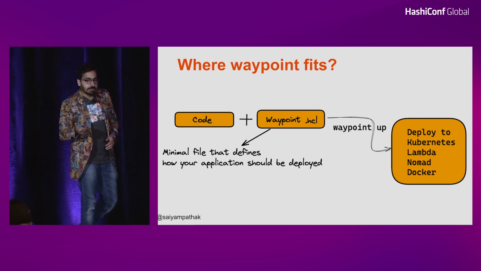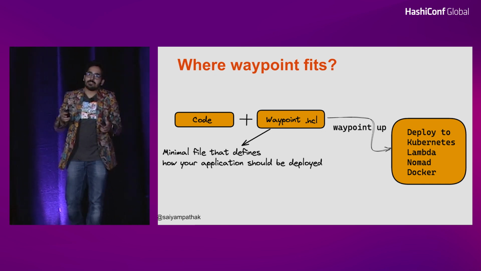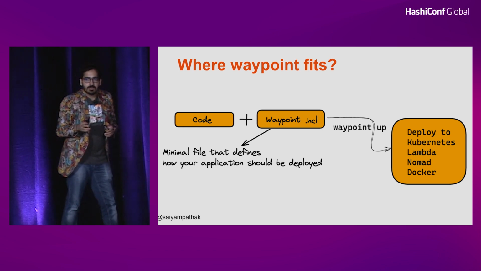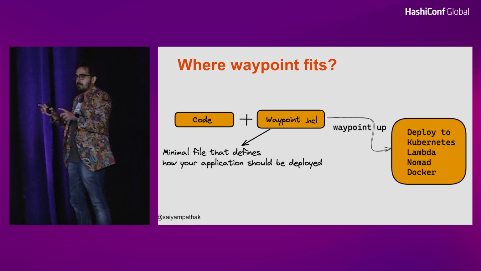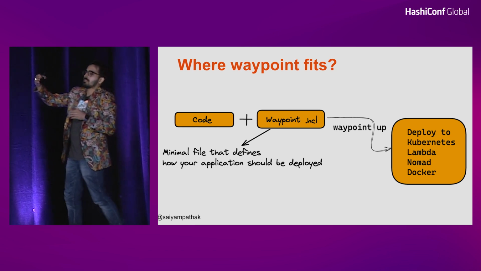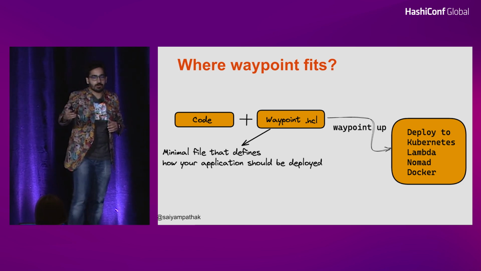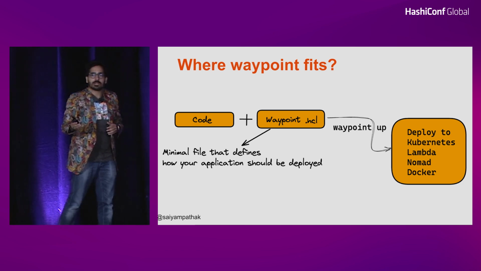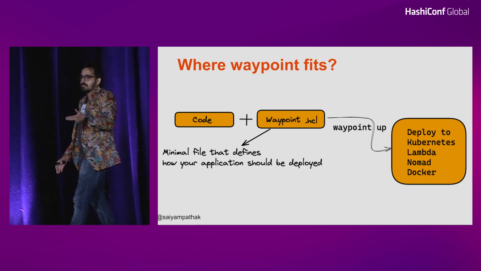So now where Waypoint fits is exactly in that umbrella, that you can have a single file that can define what your application should look like, and you should be able to deploy that application onto different platforms. So you can deploy using a single command called waypoint up to different platforms like Lambda, Kubernetes, Nomad, Docker.